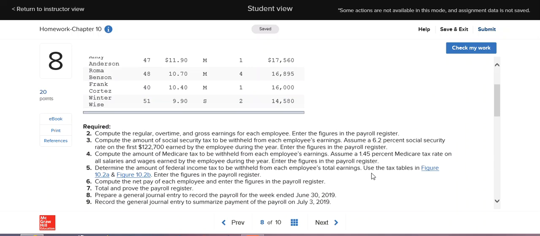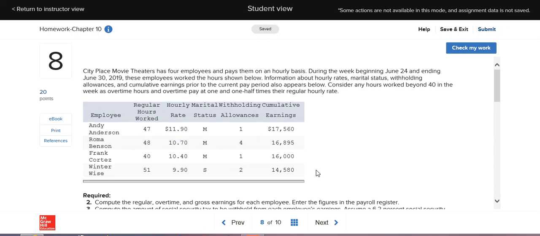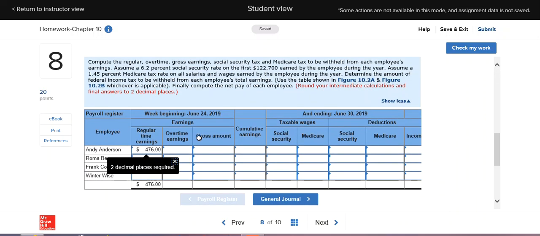And his overtime pay is $11.90 times 1.5. That's time and a half. So $11.90 times 1.5 says he gets paid $17.85 an hour when he works overtime. So we're going to take that $17.85 times the overtime hours, which is 7 hours.